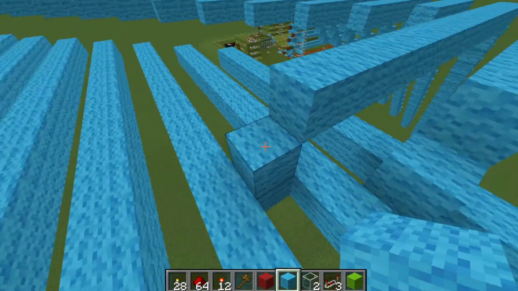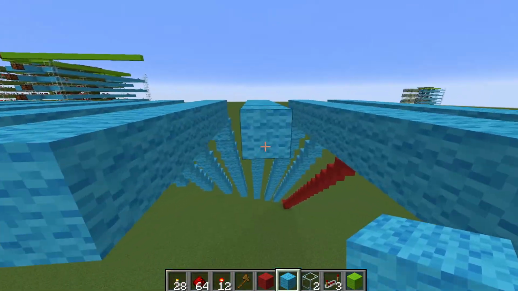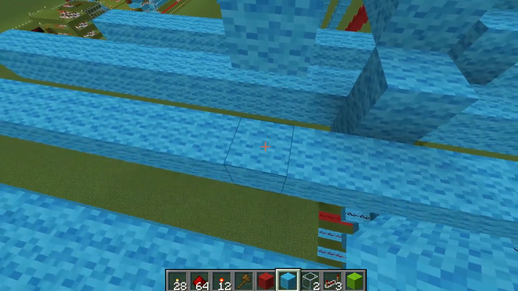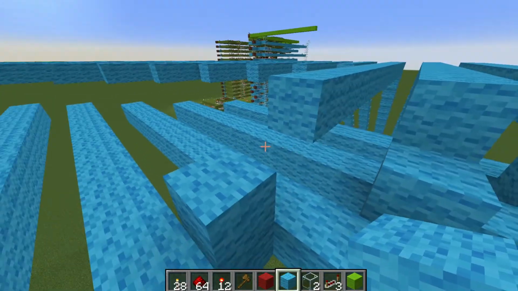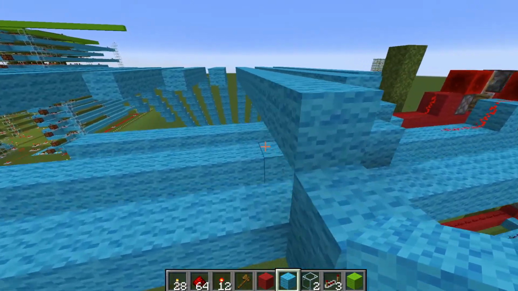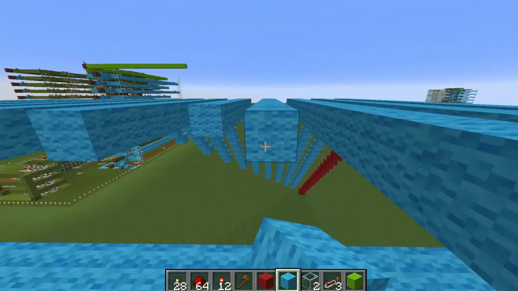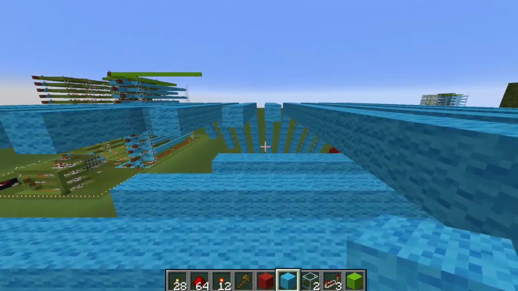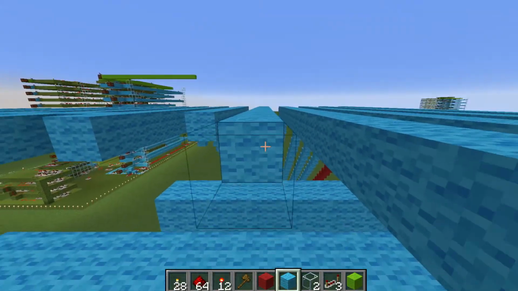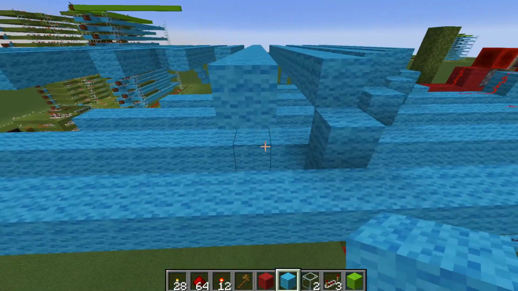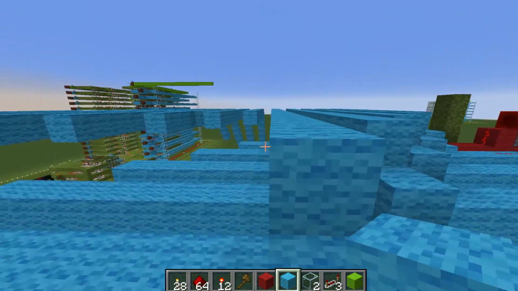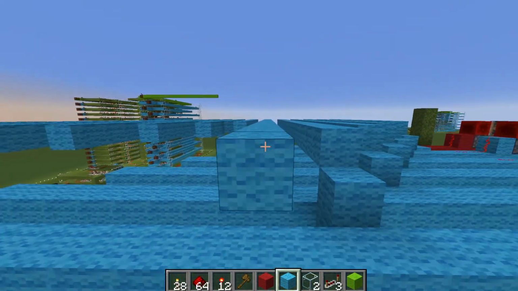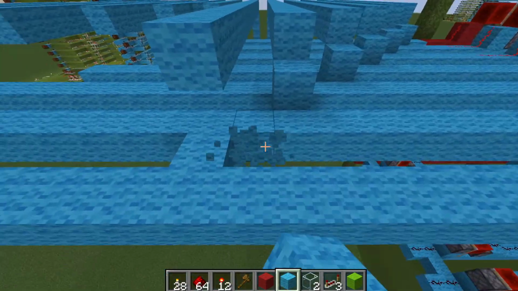Connects there. Connects there. Connects over here. Connects there and there.